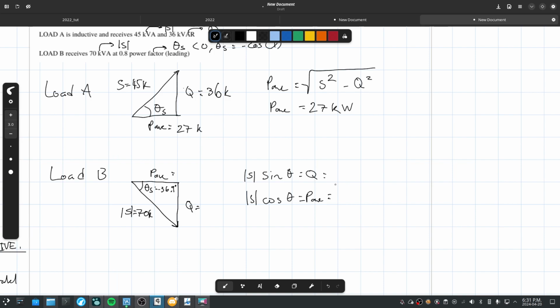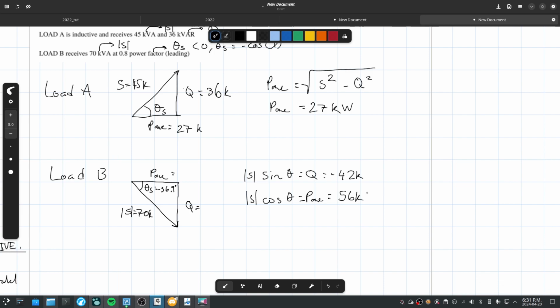So let's put both into our calculator. 70,000 times sine of negative 36.9 is equal to negative 42,000, and 70,000 times cosine of negative 36.9 is going to be 56,000.